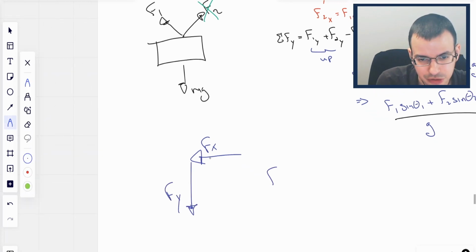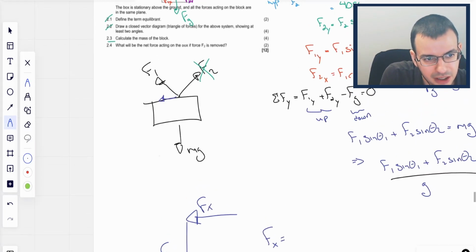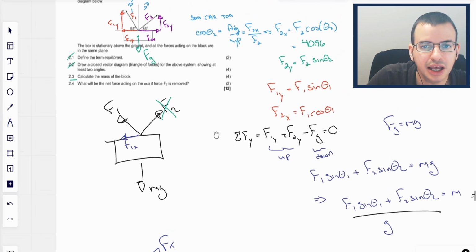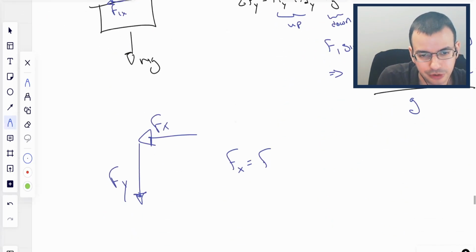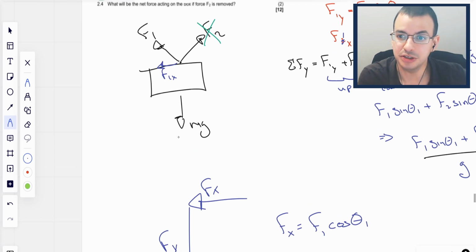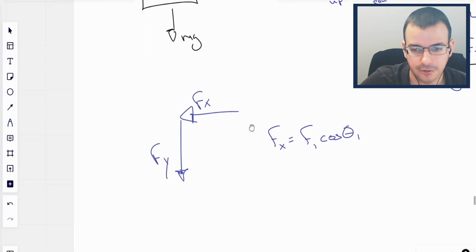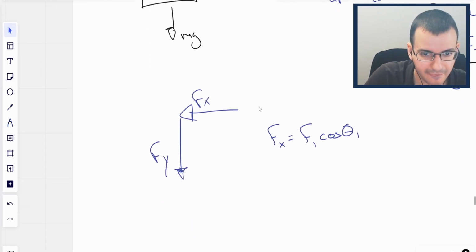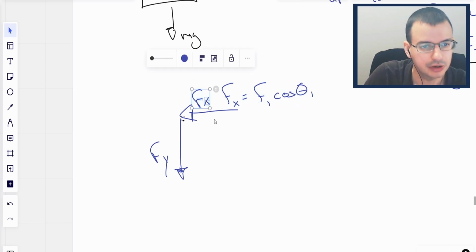The force in the X direction is the sum of all forces in the X direction, which in this case is only going to be F1x, that's F1 cosine theta 1. Because the other horizontal force, from F2, is now gone, and gravity doesn't have any horizontal force, it's only vertical. So that's going to be our X force.